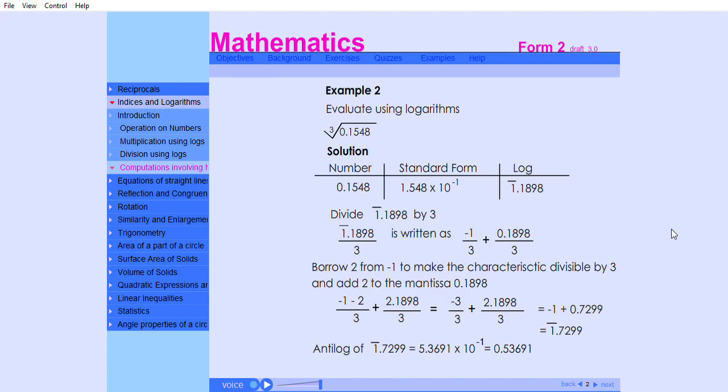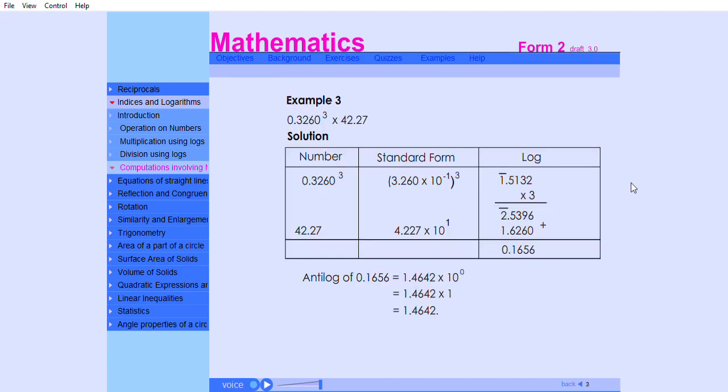Find the antilog of bar 1.7299, which is equal to 5.3691 multiplied by 10 to the power of -1, which is equal to 0.53691.